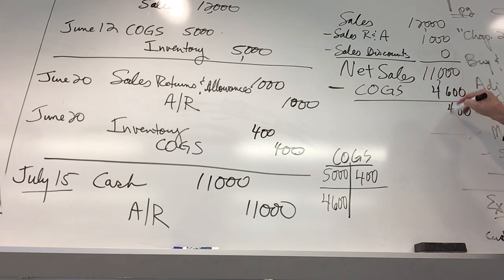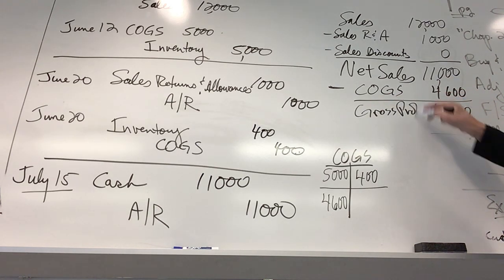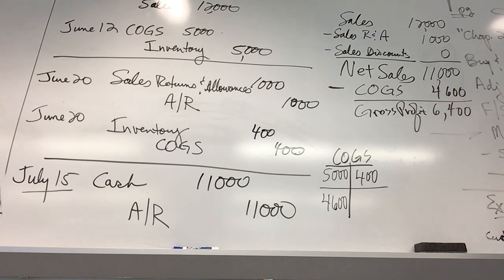And we're going to get $6,400 as our gross profit for this problem, right? So we sold some shoes for $11,000. After the return, cost of goods sold was $4,600. So we made $6,400, a little more than 50% gross profit margin.